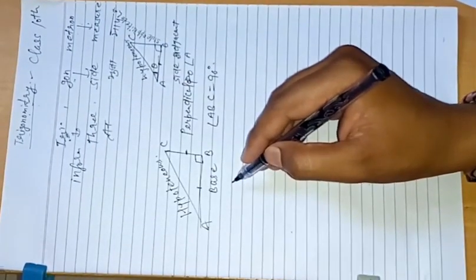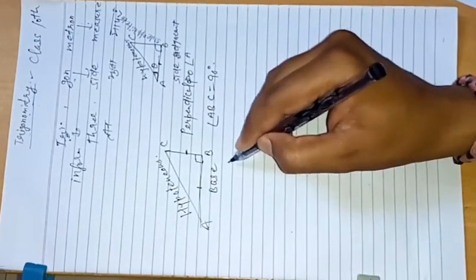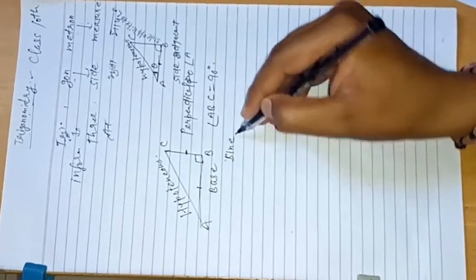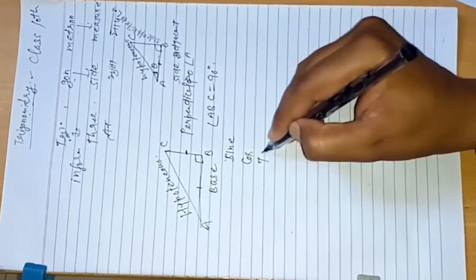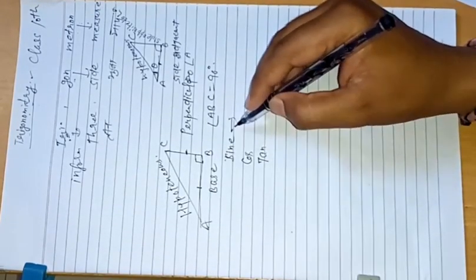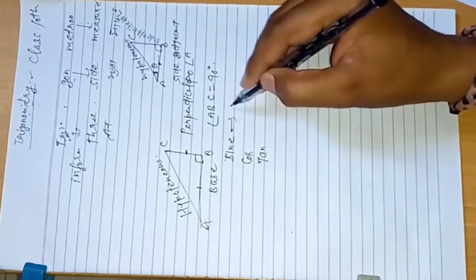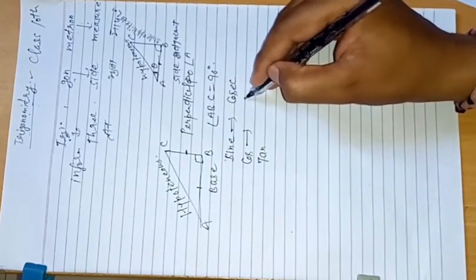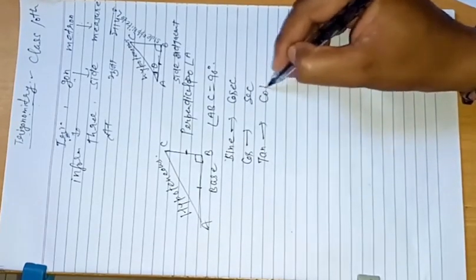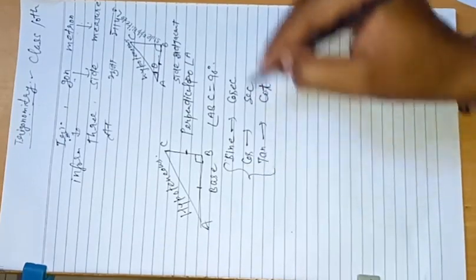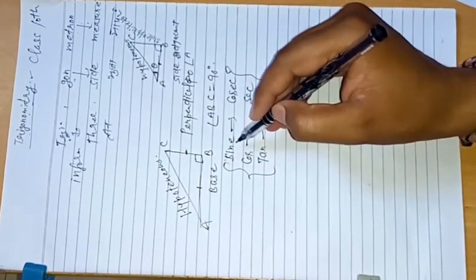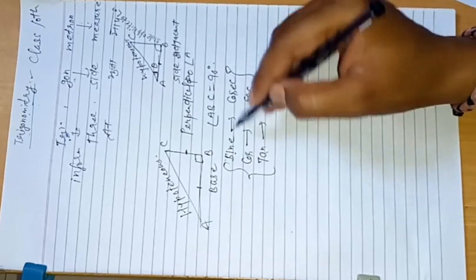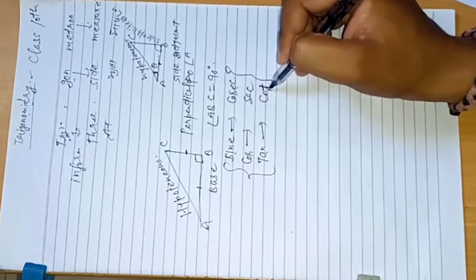So in trigonometry we find three quantities: sine, cos and tan. And the reciprocals of these are also three: cosec, which is the reciprocal of sine, sec of cos, and cot of tan. Means the reciprocals of sine, cos and tan are also three, which are cosec, sec and cot.